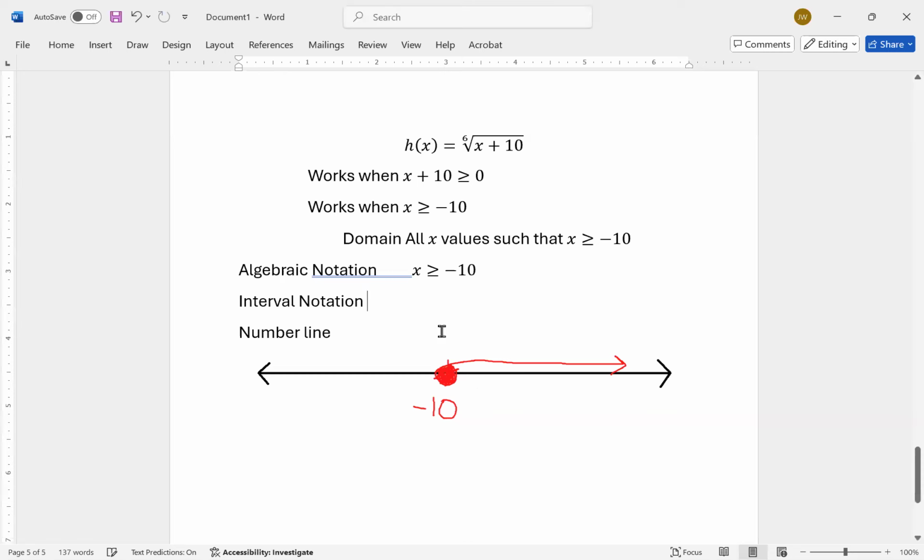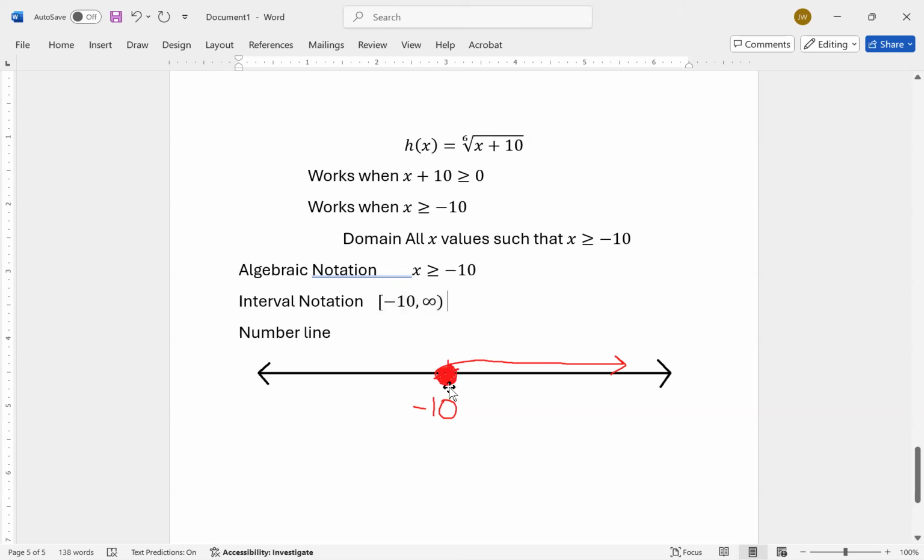Now the interval notation, there's only one section that works, and that goes from -10 and up. So the interval notation would start at -10 and go up to infinity. Infinity I don't touch, so I put a parenthesis, but -10 I can touch, so I put a square bracket on the -10 side. So my interval notation is square bracket, -10, comma, infinity, parenthesis.